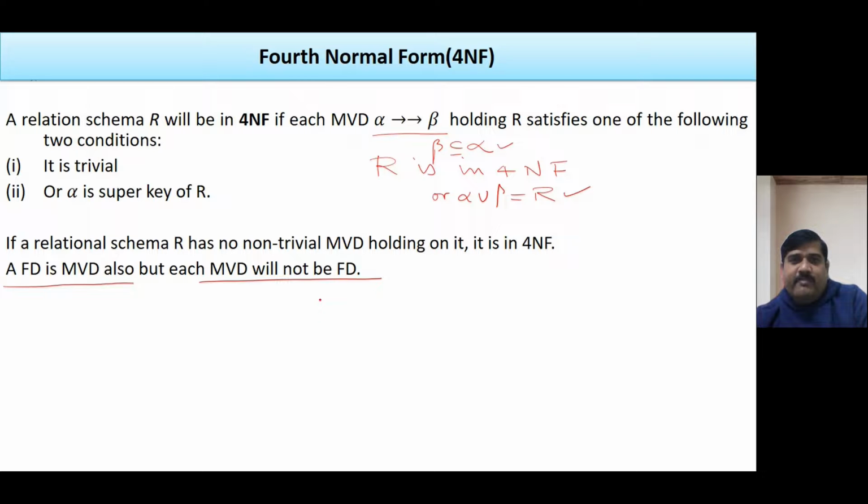Now, let me explain what multi-value dependencies are. See here.